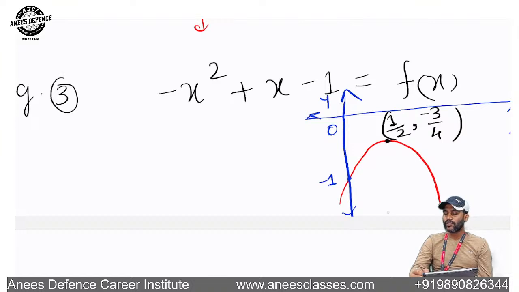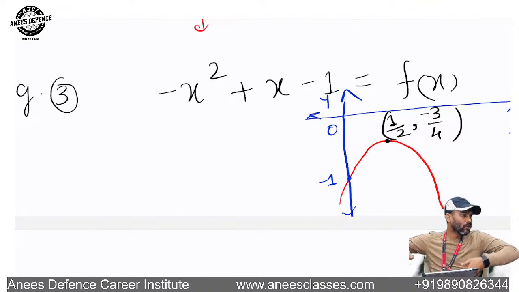So what is the minimum value of this particular function? Minus 3 by 4 is the maximum value. Minimum value is minus infinity, it will go till minus infinity.